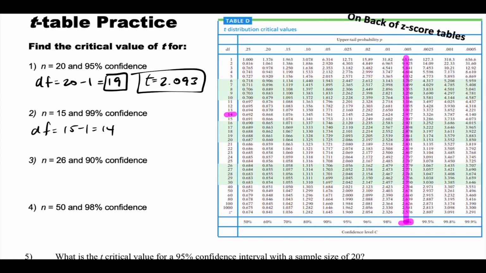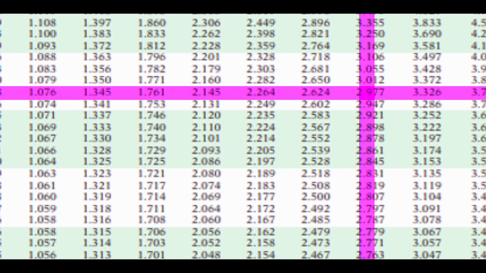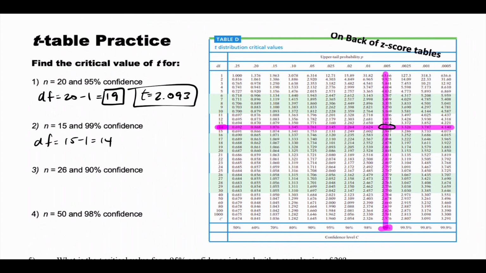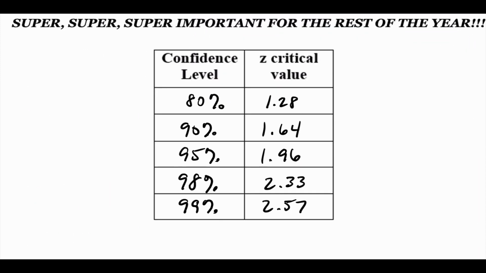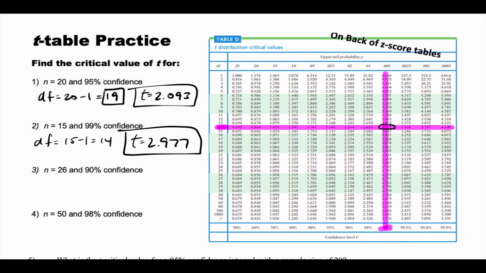So this column, the t-critical, I should say, is 2.977. Right? The z-critical for a 99% confidence interval is 2.57. So this one's a little wider. Okay.